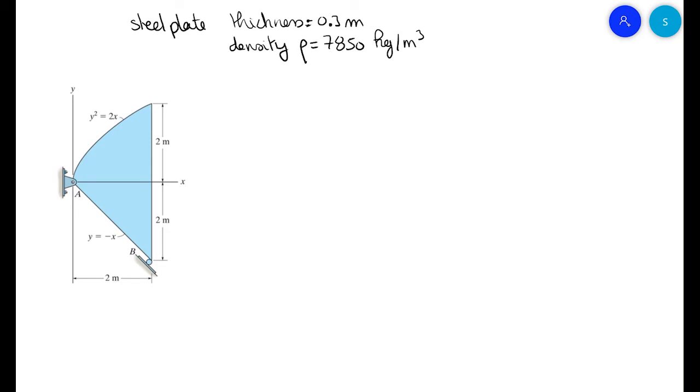Okay, so to find the weight, we will need to use the area times the thickness times the density times g. But first, let's find the location of the center of gravity. So we need to find x bar, that's equal to the integral of x tilde dA divided by the integral of dA, and y bar, that is equal to the integral of y tilde dA divided by the integral of dA.